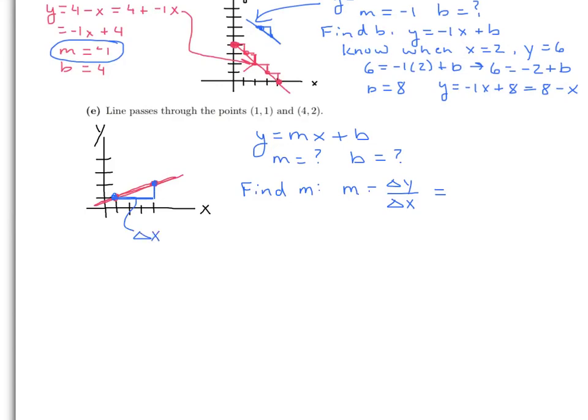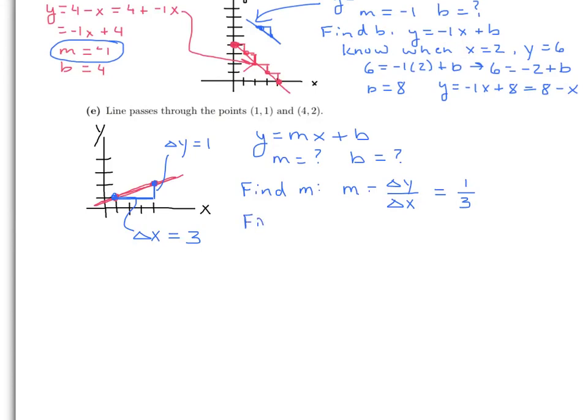That corresponds to the change in x. So the change in x is 3. In other words, x increased by 3 units. Also, we had to go up 1 unit. So that's the change in y, 1, meaning we increased y by 1. So the ratio of these 2 changes, 1 to 3, gives us our slope.